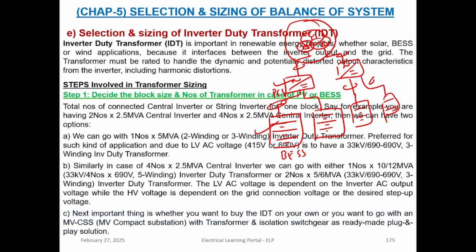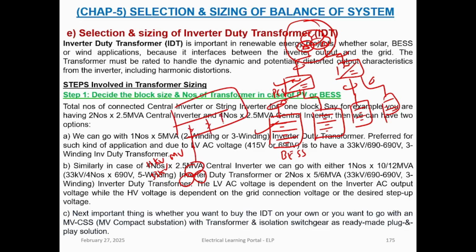So the next step in this whole balance of system is first our transformer, then the transformer will step up to some MV level, which could be either 11 kV or 33 kV in most of the countries, which will again get clubbed at some switchgear level, right?